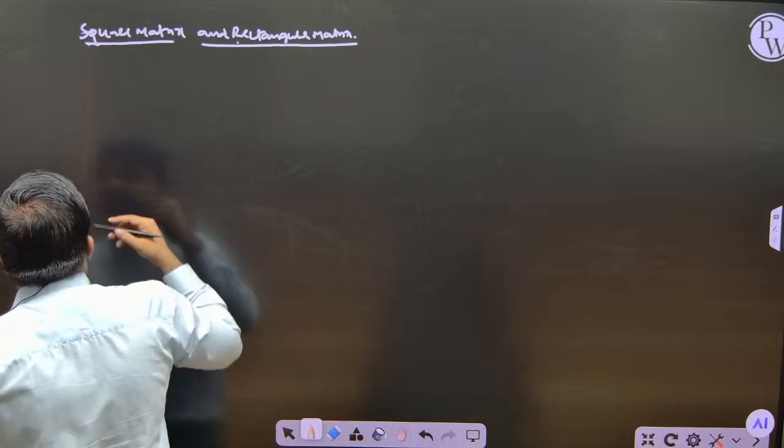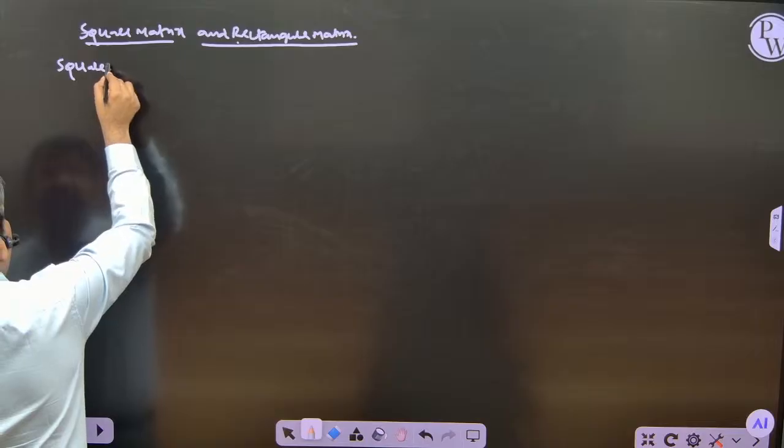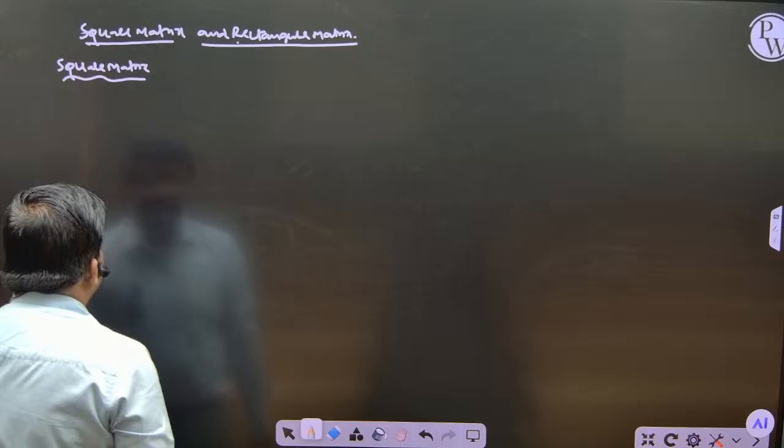What is the meaning of a square matrix? The shape of the matrix is a square shape. In a square, generally we know that length and breadth are the same.